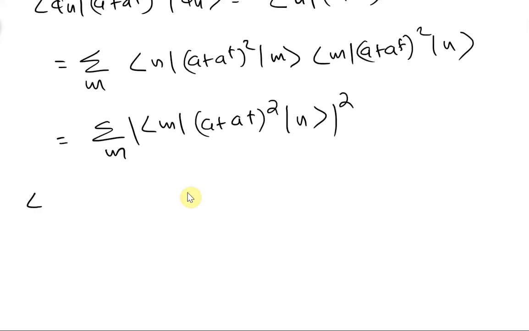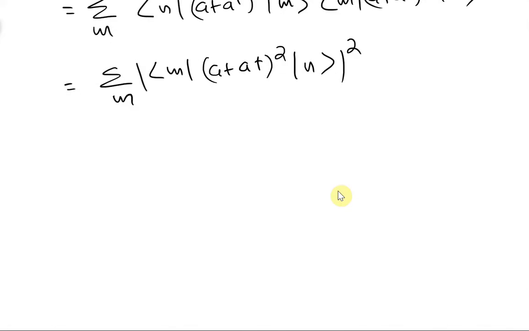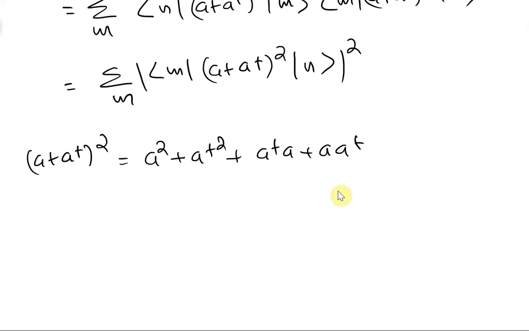Before that, I'll just expand (a + a†)^2 into a^2 + a†^2 + a†a + aa†.